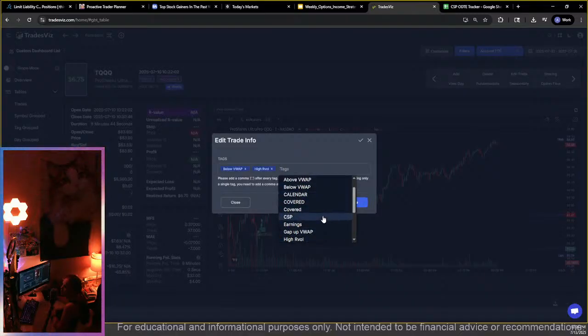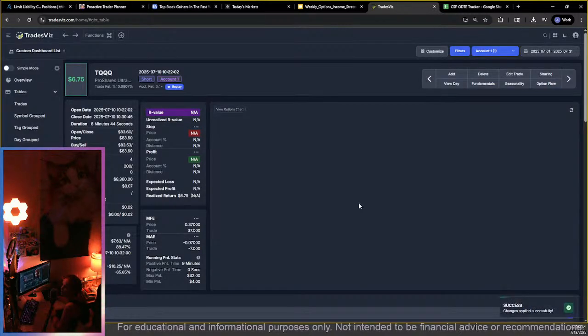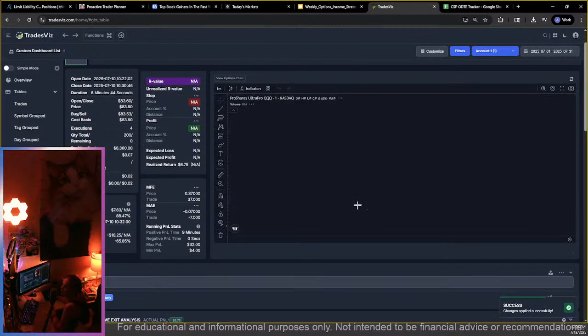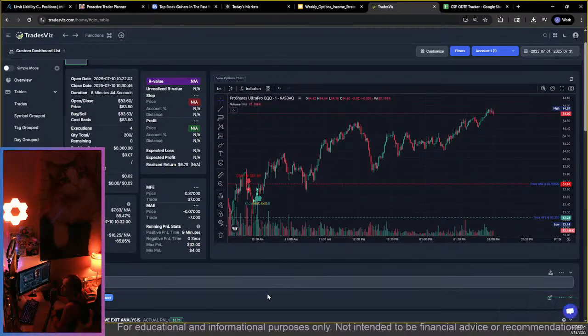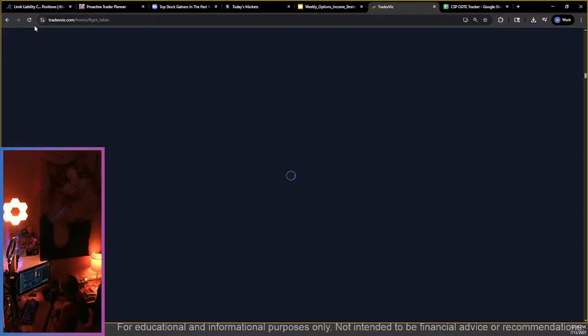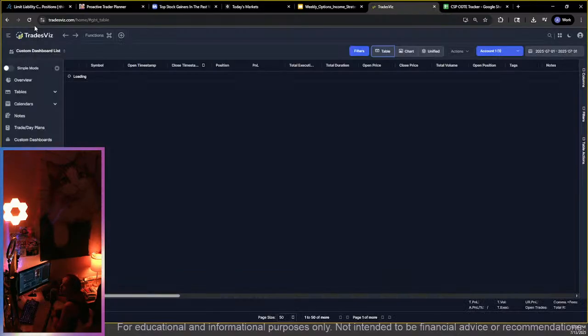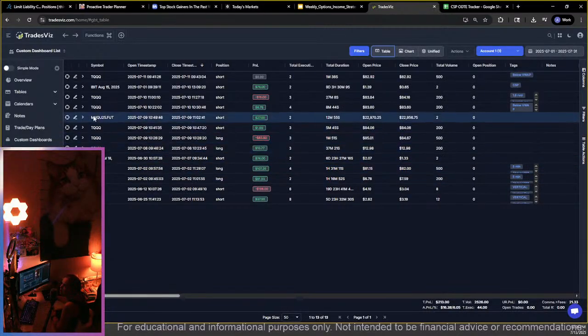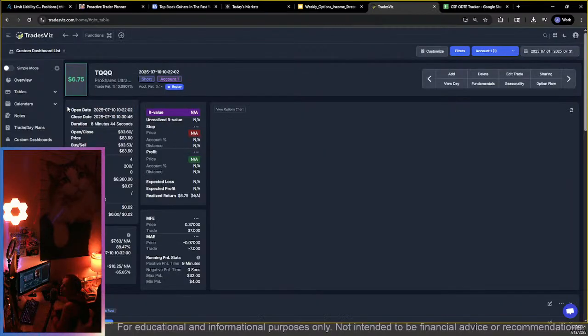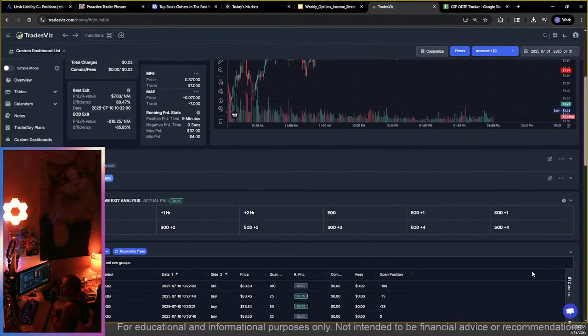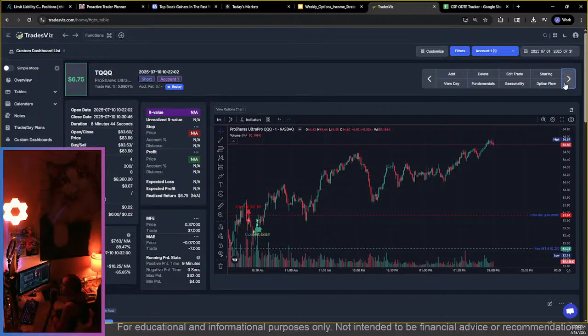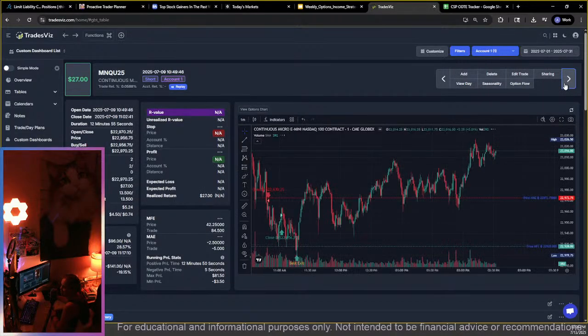RVOL. I really need their... weird visual glitch. It's gone long though, as you can see. It's a good trade. So this is on the 9th.